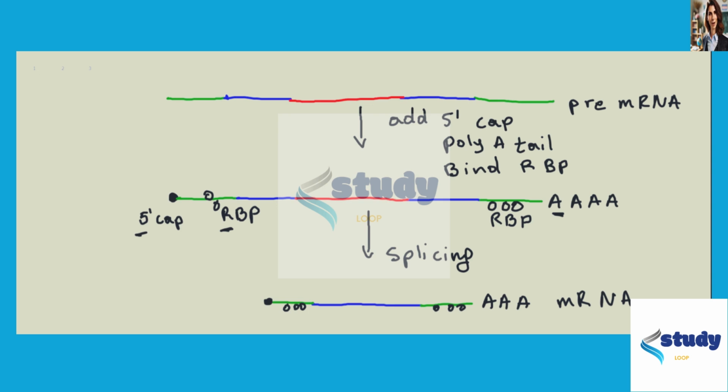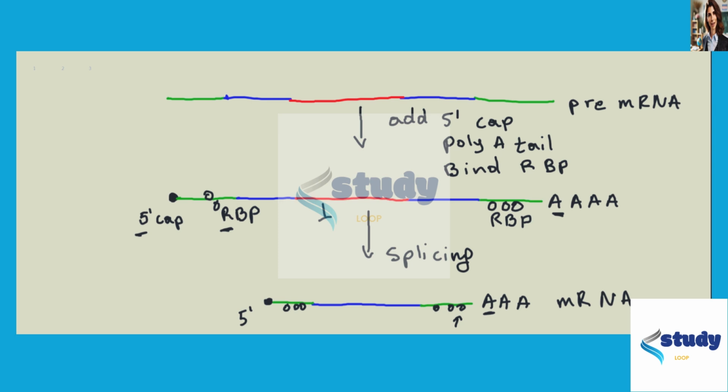And in addition to the untranslated region, which is the green part here, RNA binding proteins bind to the untranslated regions, and these also modulate the stability of the RNA. You only get mature RNA after you add the 5' cap and the poly A tail on the 3', you get the addition of the RNA binding proteins, and you have spliced away whatever introns and exons you don't want.